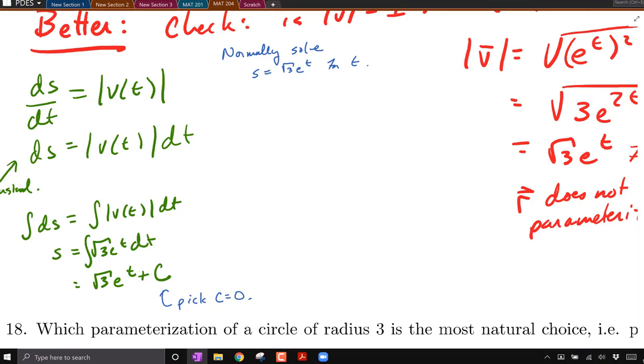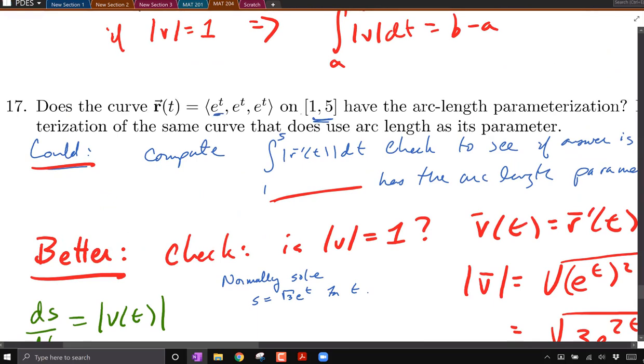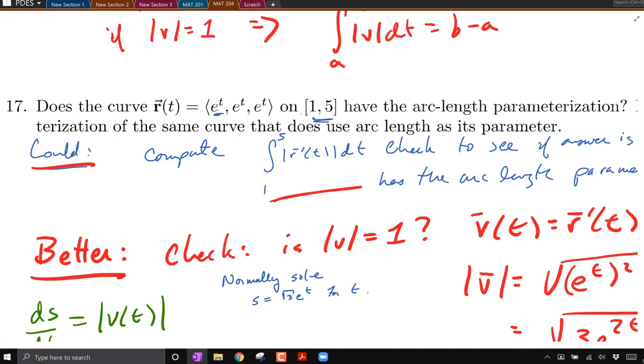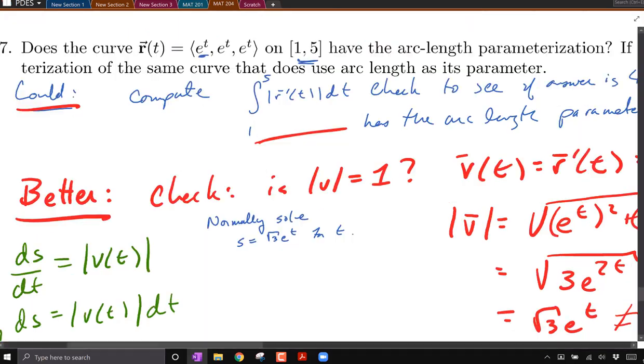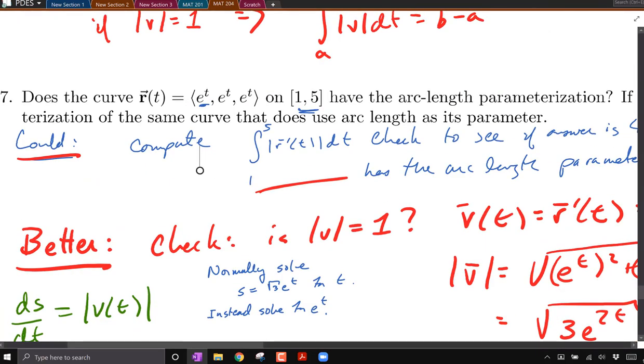But notice in this case, I'm not going to solve for t, I'm going to solve for e to the t, because what I'd like to do is replace the expression e to the t here with some expression involving s. If you don't see why that's beneficial, just go ahead and solve for t. You'd have to take a natural log, and then in place of t you would plug in an expression with a natural log in it, but when you take e to the natural log of something, you're just back to what the argument was.